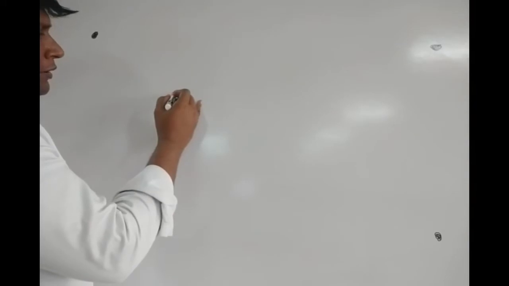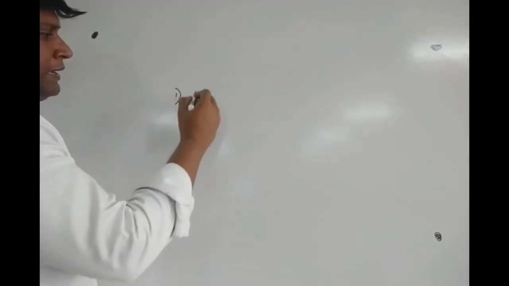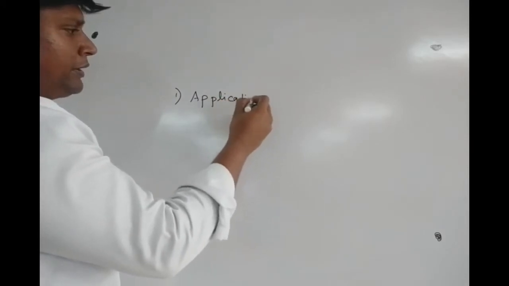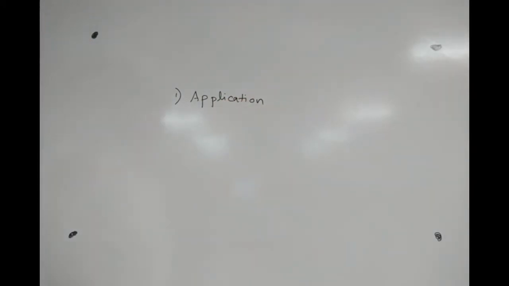So coming to the design part of an antenna, before designing an antenna, we should be clear with two different things. The first thing is for which application we are trying to design the antenna.